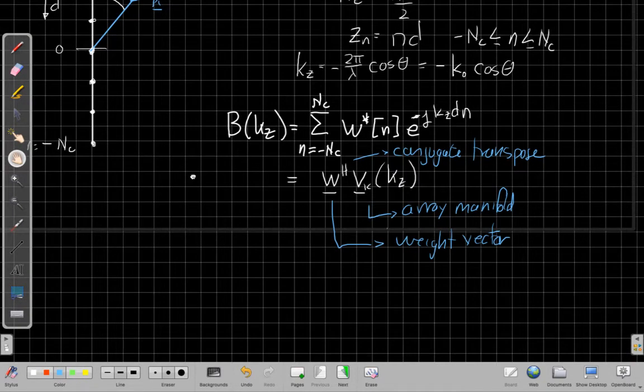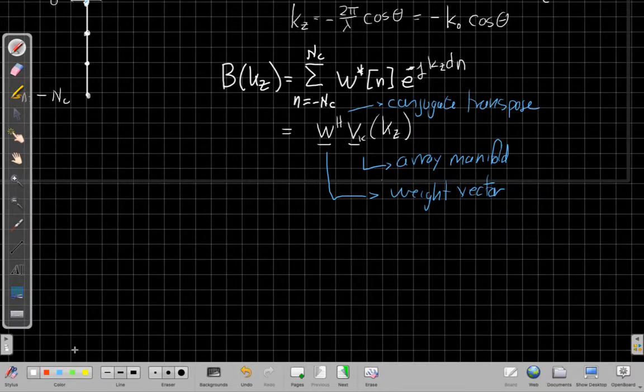If I were to write out that manifold vector, just to be clear in terms of k_z, if I think about how it's stepping through up here as I go from minus N_c to plus N_c, the first element in v would be e to the j k_z d times N_c, because putting in minus N_c here, the minus signs would cancel.